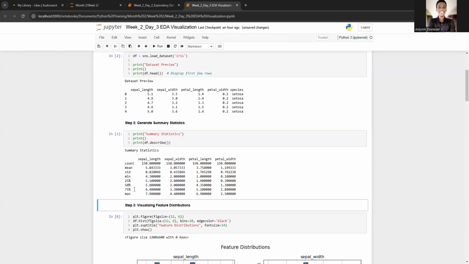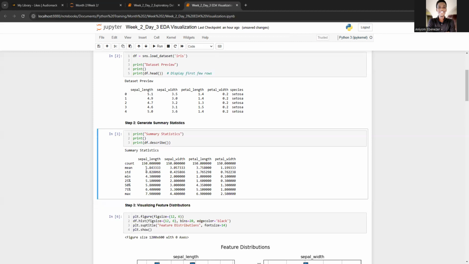the statistical parameters. So we have the count, telling us the total number of rows that we have in our data set. So we have about 150 iris plants. And then we have the mean. So the mean will tell us the average of each of the columns, right?